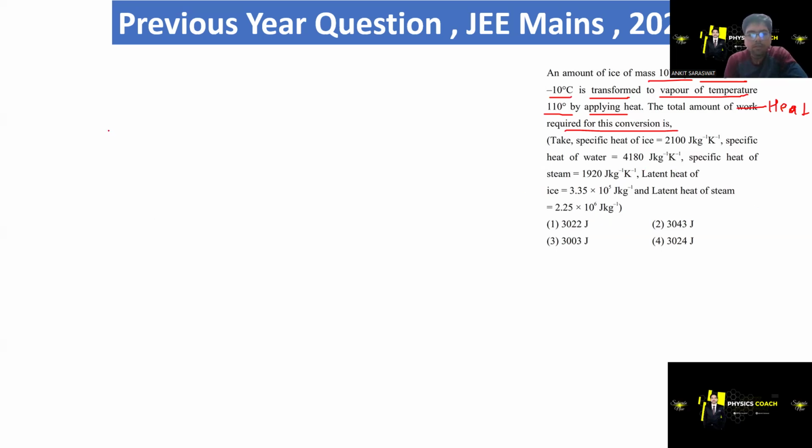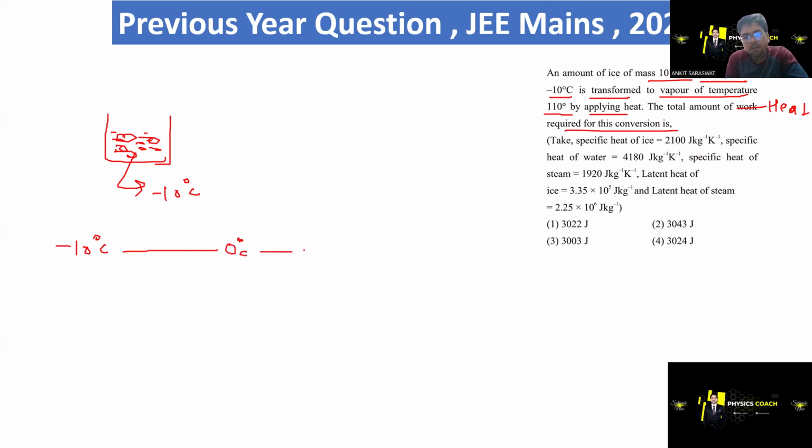Now we will understand. We have an ice cube like this. The temperature of ice is minus 10 degrees Celsius. Once you provide heat, the ice will change its temperature to 0 degrees Celsius.